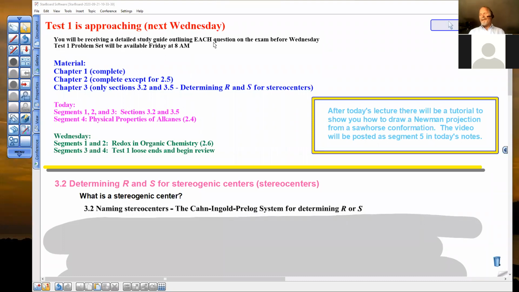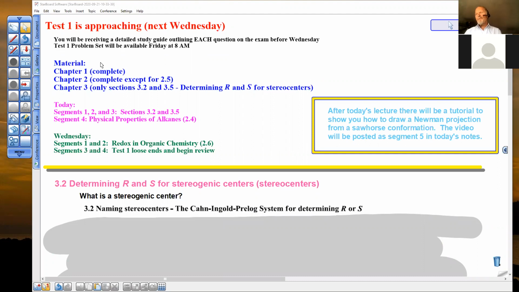So there's no way you do not know what's going to be on this test. You will have actual sample questions on tests that you see multiple versions of to study from. And you're going to get a problem set. This will be available on Friday, and the due date is already posted. I do not have it at the top of my mind.